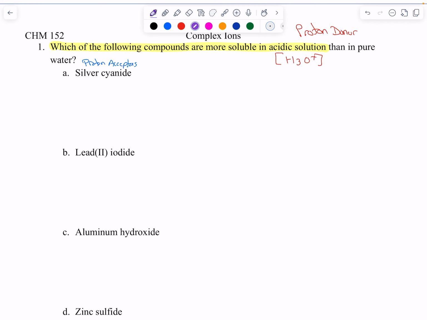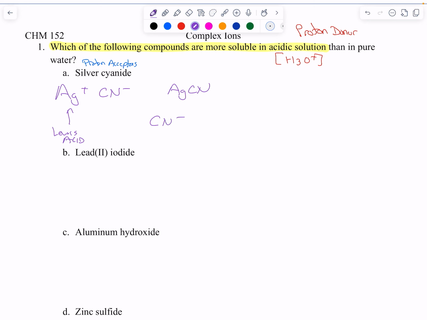So the first compound, silver cyanide, Ag plus, CN minus. Well, is silver going to be a proton donor? No, this is a Lewis acid. So silver is not going to be a proton donor or a proton acceptor. It's actually a Lewis acid. So cyanide, CN minus. Is that going to be a proton donor?